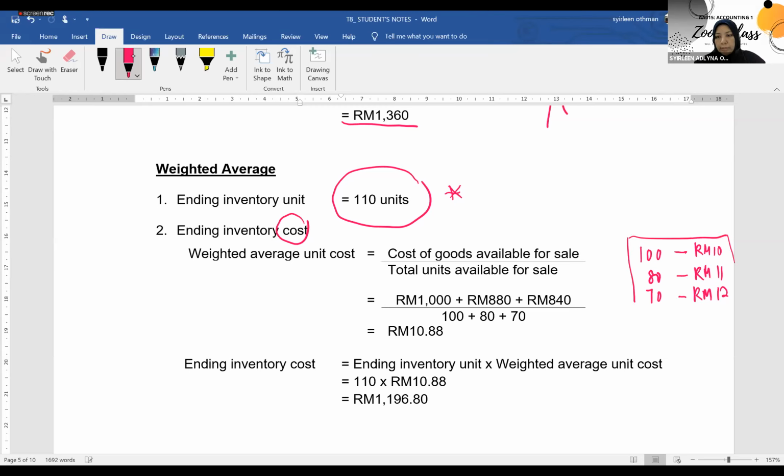So sekarang Madam nak kira purata. So bila saya nak kira purata, that means I akan ambil 100 darab RM10, saya dapat RM1,000. 80 darab RM11, I get 880 for the second batch of my inventory. And the last batch of my inventory, the latest one, will be 70 units times RM12.